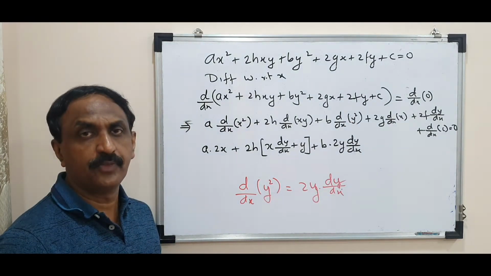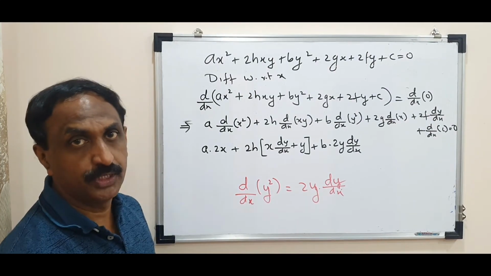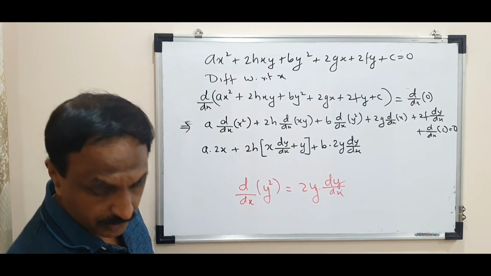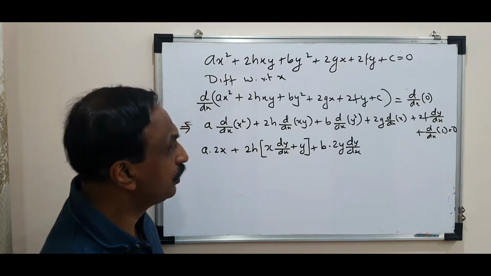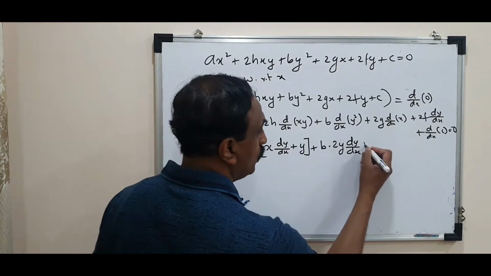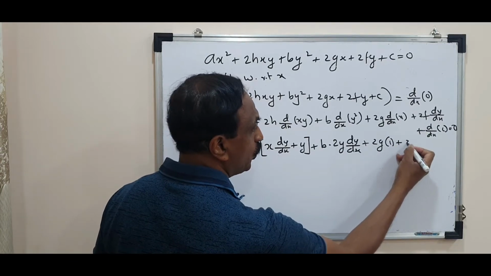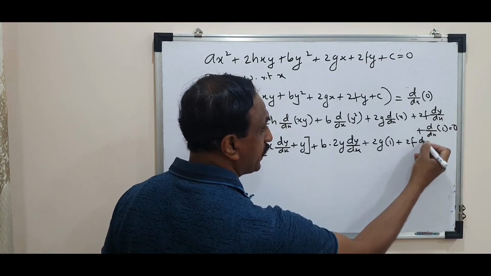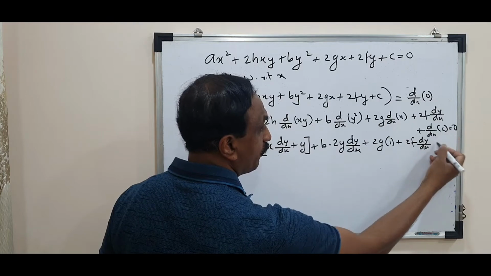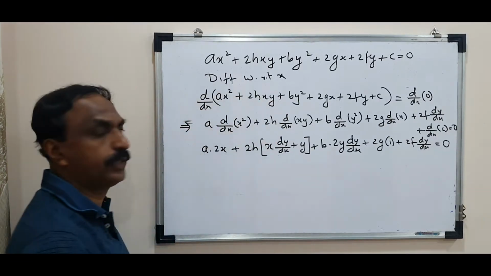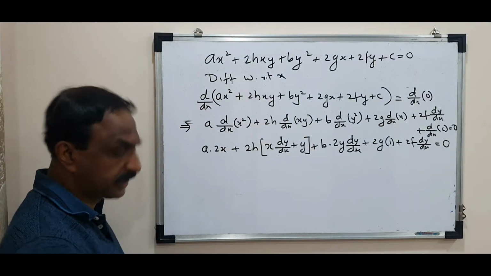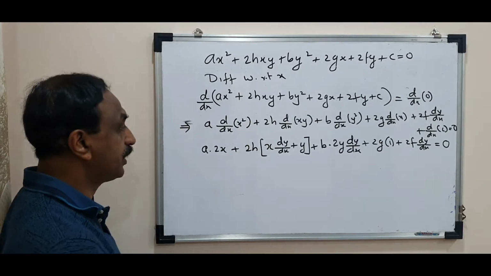In other words, whenever you differentiate a y term, you will have a dy by dx with it. So I can write now 2g into derivative of x with respect to x, 1. 2f into derivative of y with respect to x is dy by dx. Derivative of a constant is 0. So equal to 0.